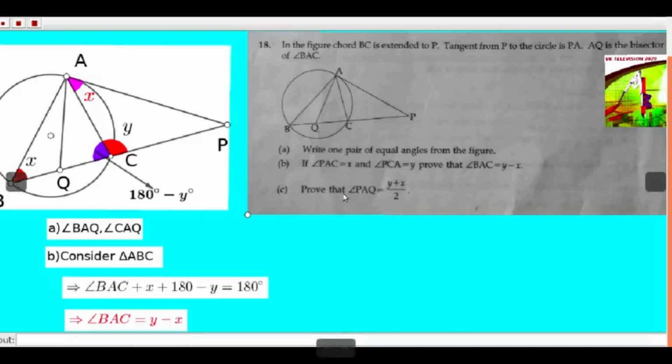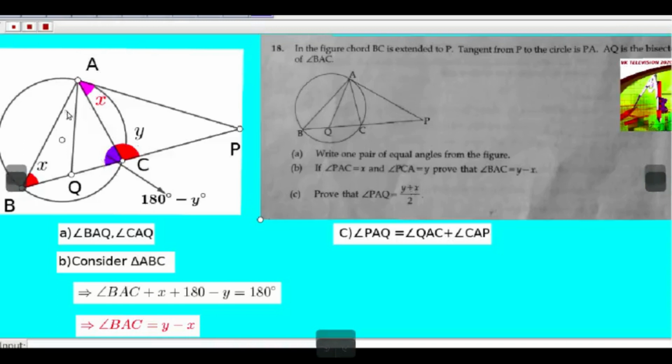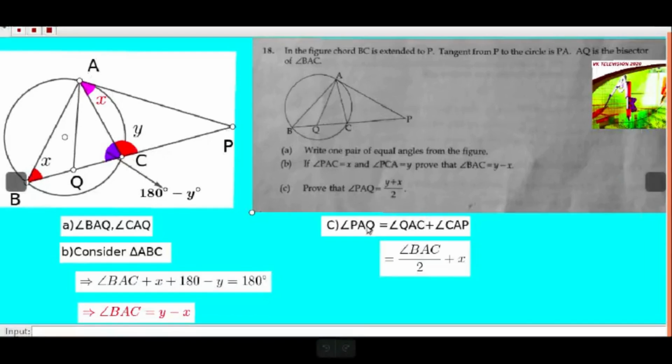Now the third one, prove that angle PAQ is equal to (Y plus X) by 2. Angle PAQ is equal to angle QAC plus angle CAP. Angle QAC is equal to angle BAC by 2, because AQ is the bisector of this angle.